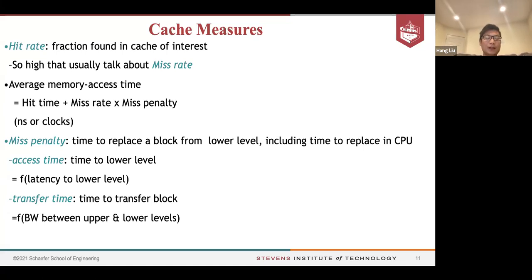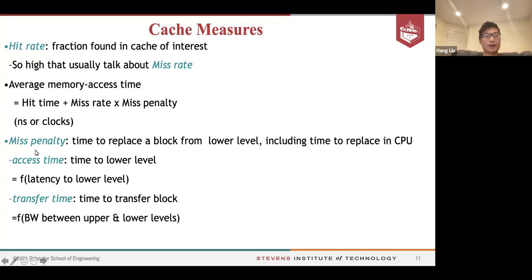The miss penalty includes the time to replace a block from the lower level, including the time to replace in the CPU. The access time to the lower level equals the latency to the lower level, and the transfer time is the time to transfer the block from the lower level to the upper level, or the cache.